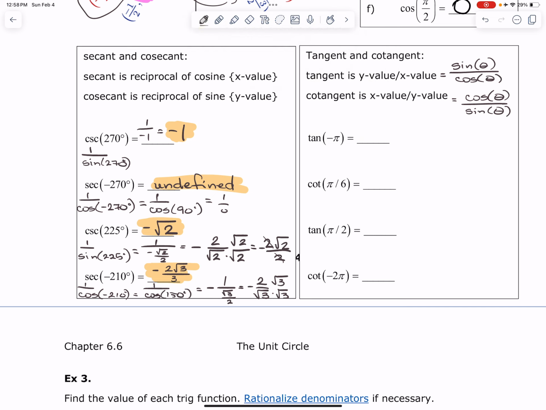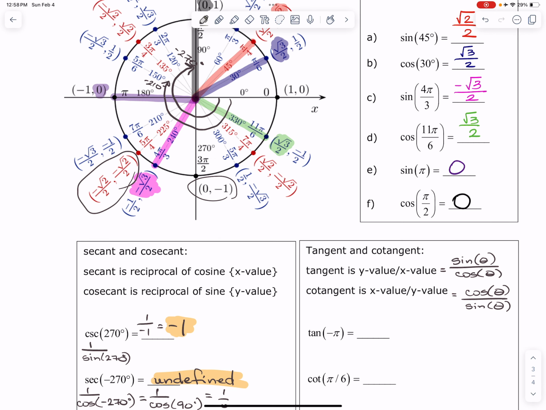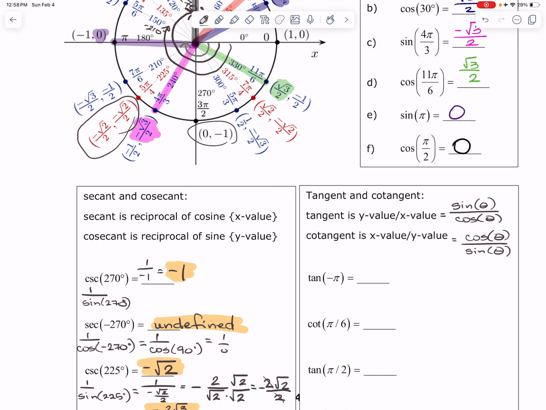Lots of gray. Negative pi. Remember, the negative angle means we are going clockwise. So this is pi. So we got the sine of pi, it doesn't matter if I'm calling it pi or negative pi, over the cosine of pi. Sine of pi is 0, cosine is negative 1, tangent of negative pi is 0.